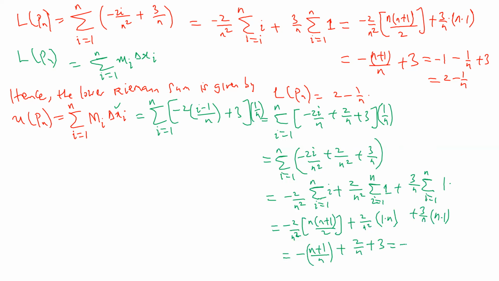So now it's minus 1 over n plus 2 over n plus 3. So now this is 1 over n. So this one is 1 over n plus 2. Okay. Most importantly, it is 2 plus 1 over n, which is the correct one because it must just normally differ by a sign. This one.